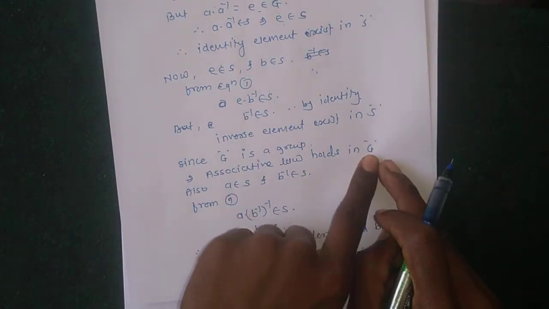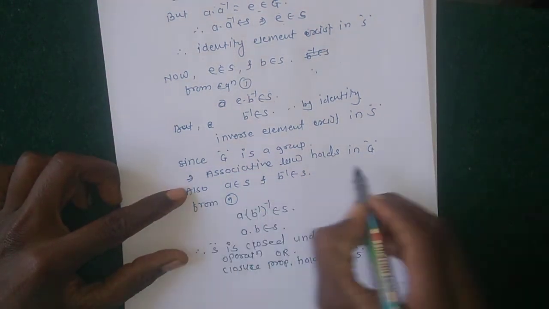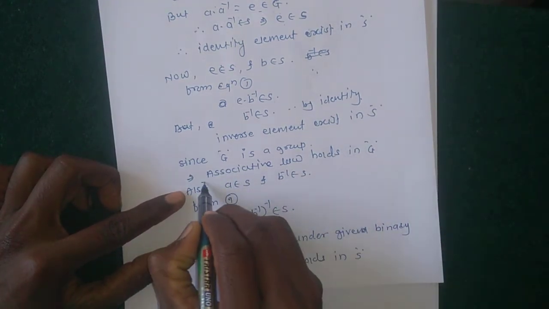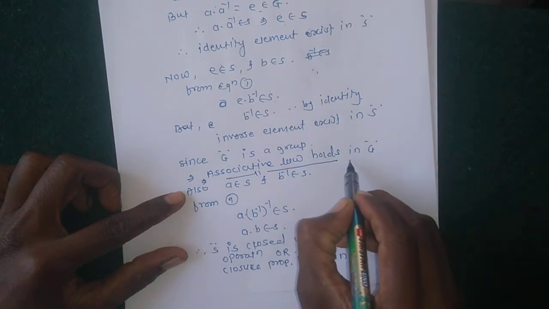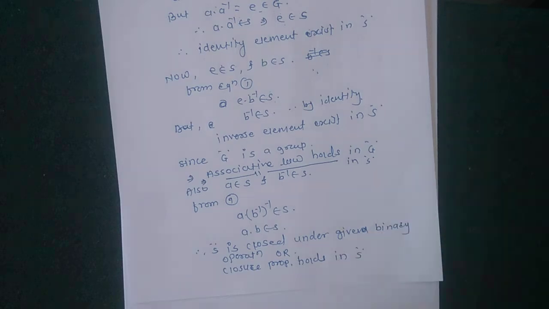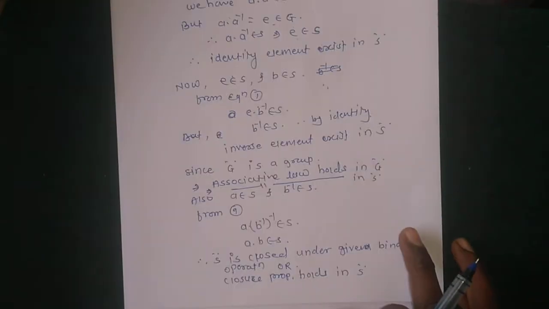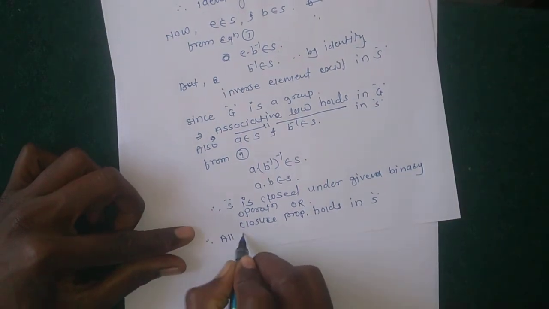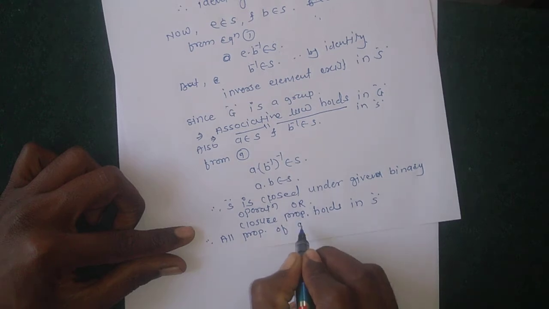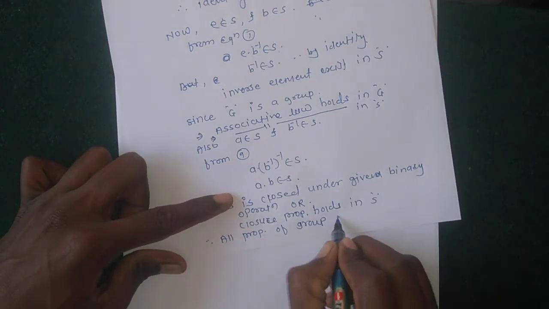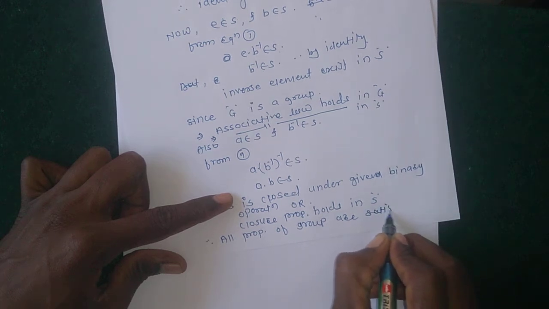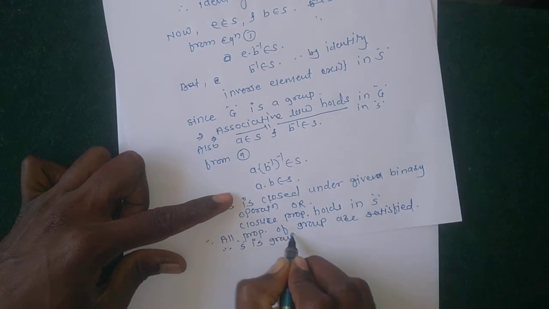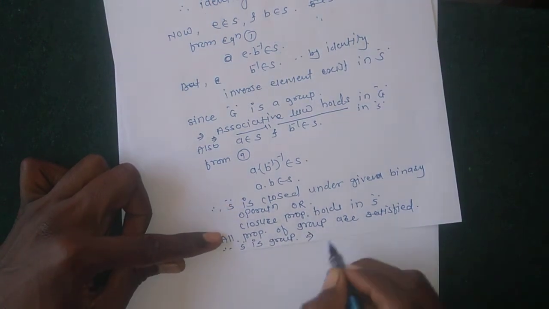Associative law also holds in G, which implies that associative law also holds in S, because S is a subset of G. Okay, and therefore all properties of group are satisfied, and therefore S is a group, which implies that S is a subgroup.